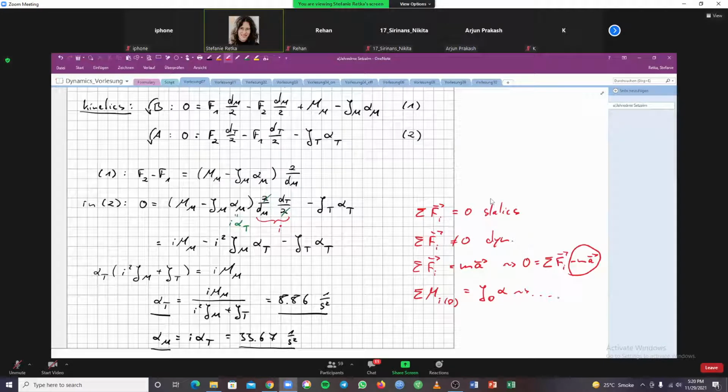Which equation? F is equal to ma. Yes, this is Newton and this is Newton. So D'Alembert just rearranged the equation and got it named after him. Yes, I just rearranged and put this over there. Okay. Very nice.